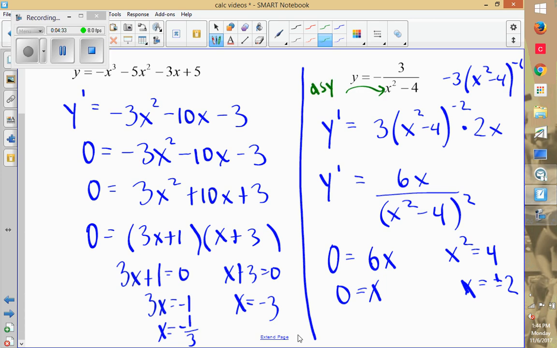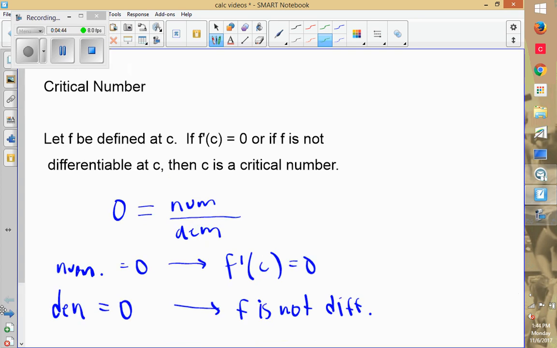So they don't count as a critical number. They will be something we use later on, but I already don't even exist there. So something we want to emphasize here is f be defined at c. It's where you are defined and maybe not differentiable.